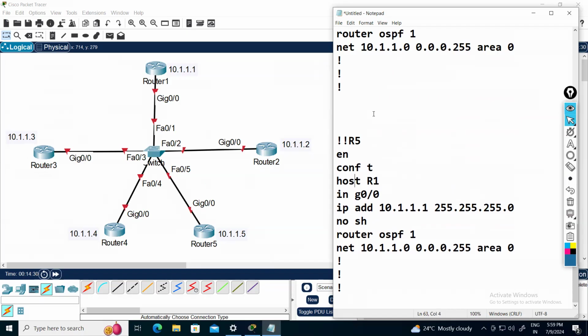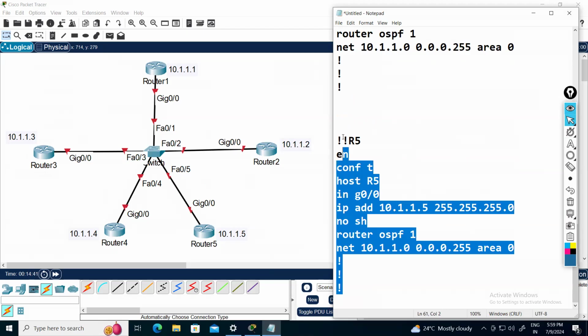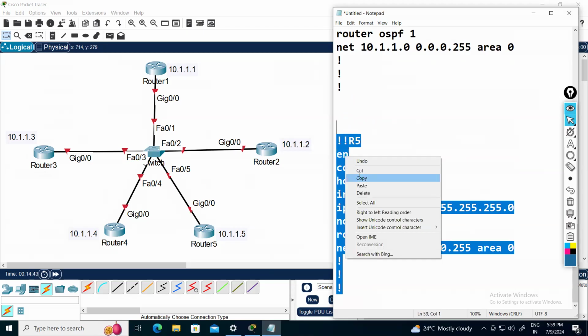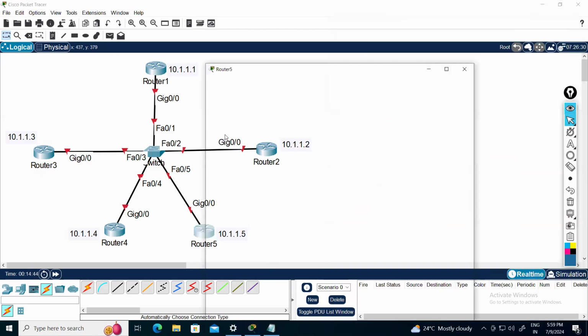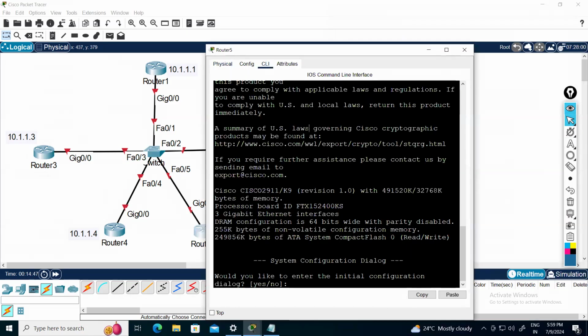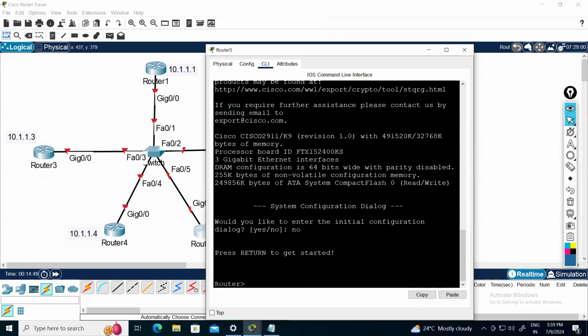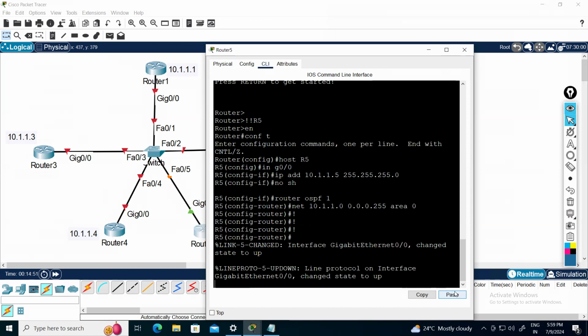R4 done, right? Now one by one, let's copy and paste. R5 configuration done.